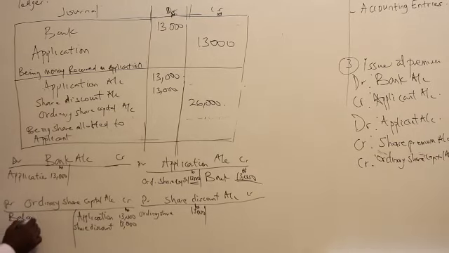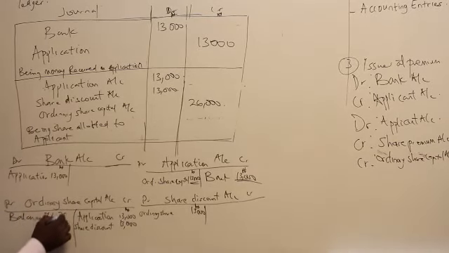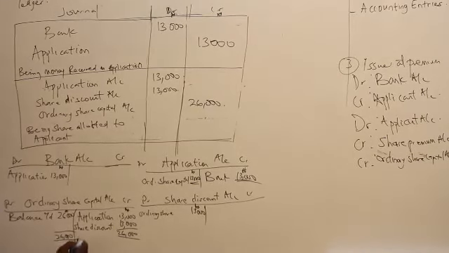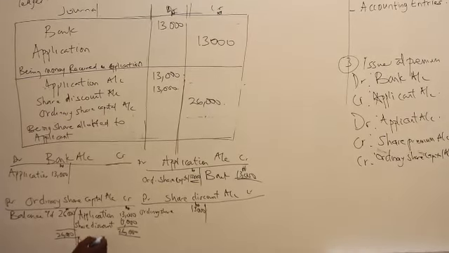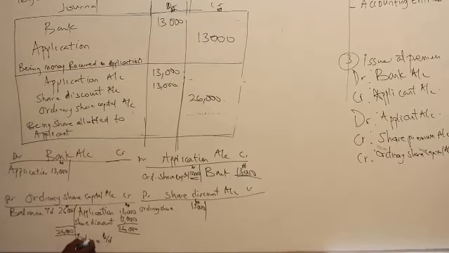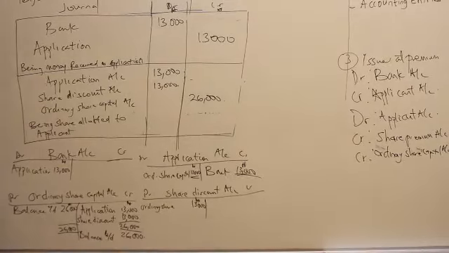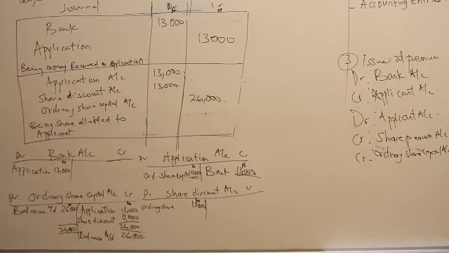So we can balance the account now, balance carry down, because it's 26,000 we are having. So we can have balance brought down. This is an interesting one now.